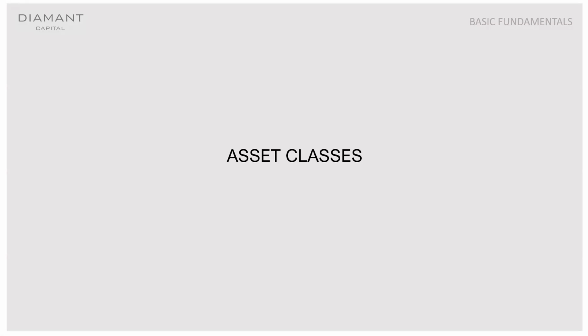So what we're going to be looking at right now is asset classes. Many of you know, of course, about different types of asset classes, but the thing that you might not understand is how this actually affects Forex and currency pairs and USD and everything like that. Because at the end of the day, especially with investors around the world, they want to put their investments in something that will actually bring them the best yield.